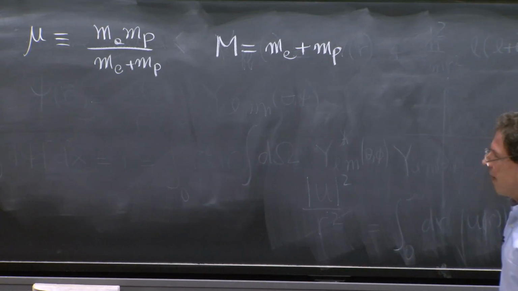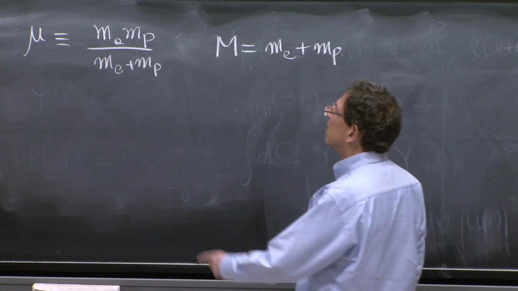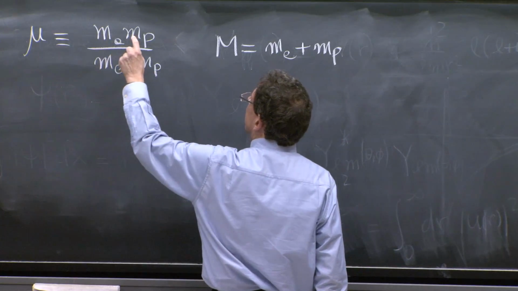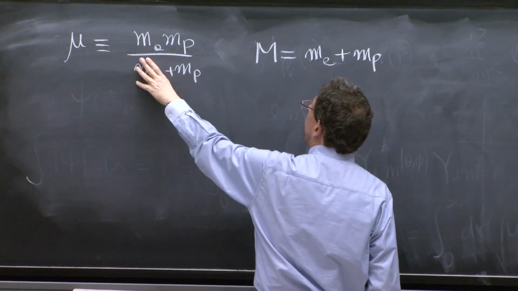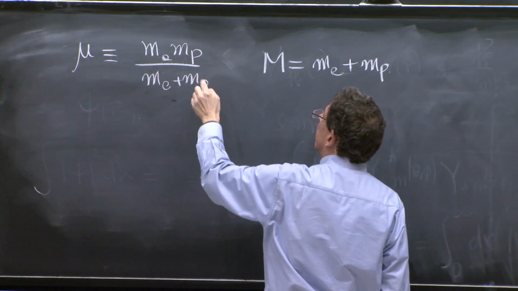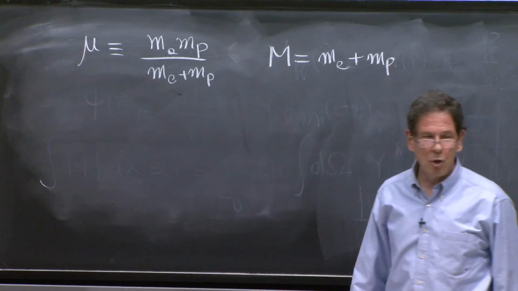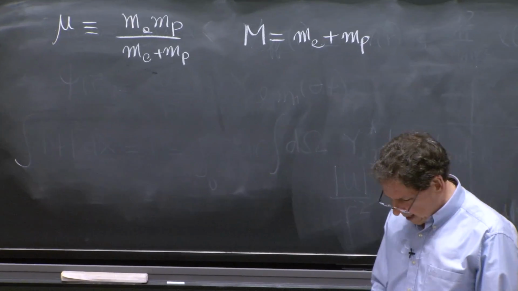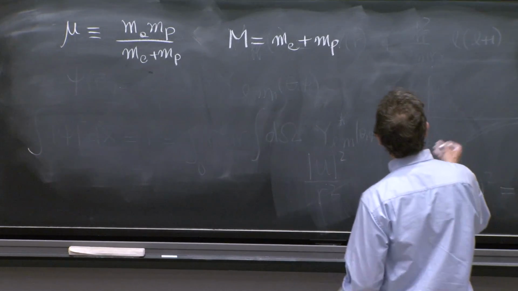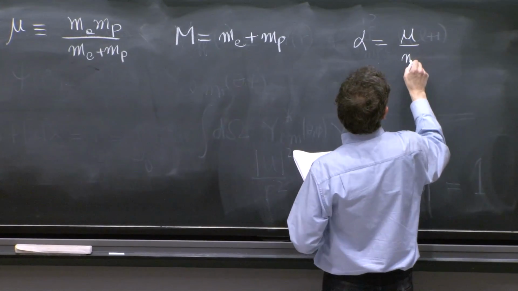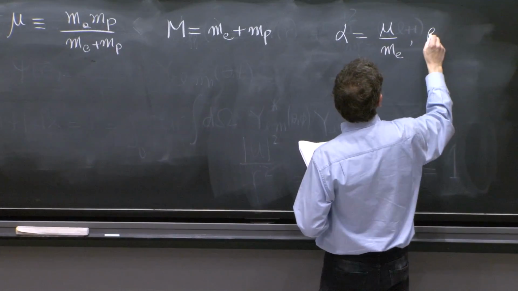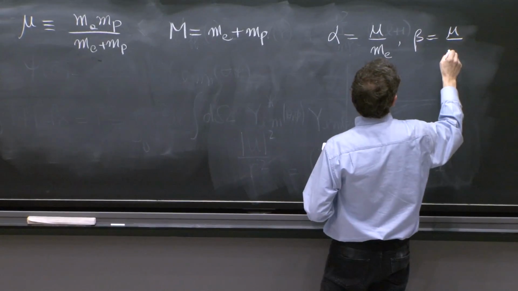In the case of a heavy proton, the reduced mass, if the proton is heavy compared with the electron, you can ignore the electron here, cancel them, and the reduced mass is called this. So in terms of the reduced mass, alpha is equal to mu over m_e, and beta is mu over m_p.